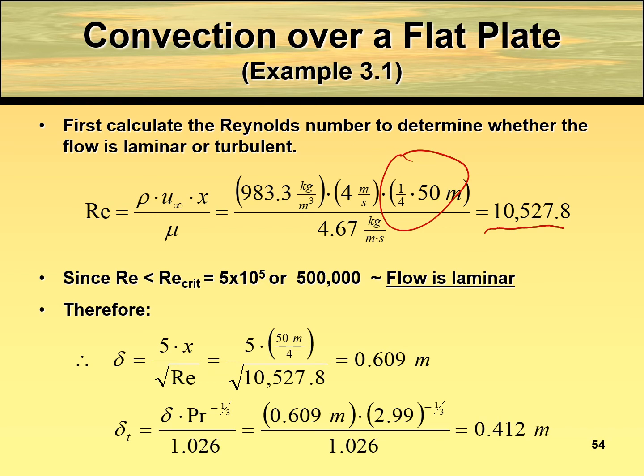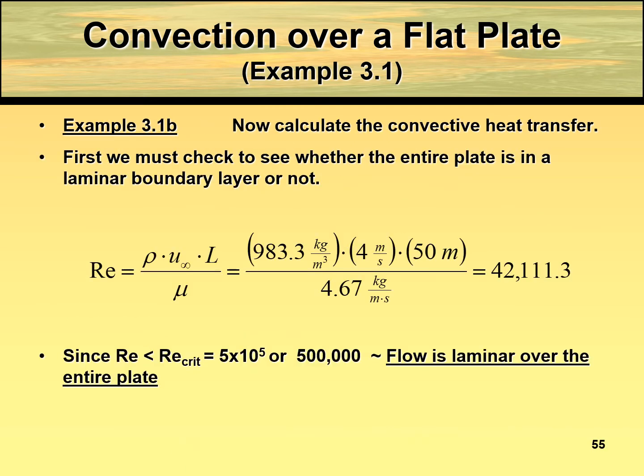Okay, so since the Reynolds number is about 10,500 and it is less than 5 times 10 to the power of 5, it is still in the laminar flow region. Okay, so for the convection of a flat plate, if you consider the Reynolds number for the whole plate, it gives you about 42,111. So the whole section over the entire flat plate is the laminar flow region.